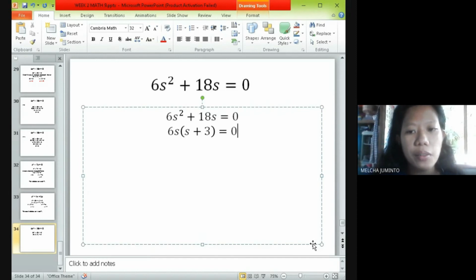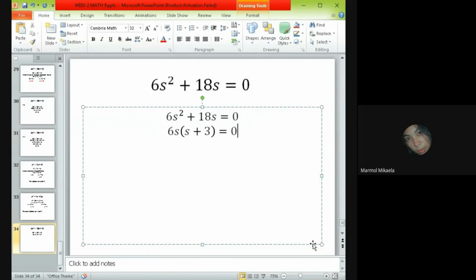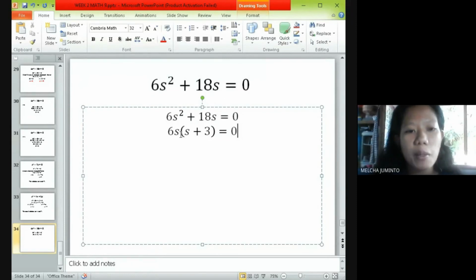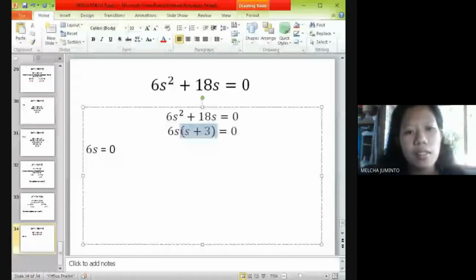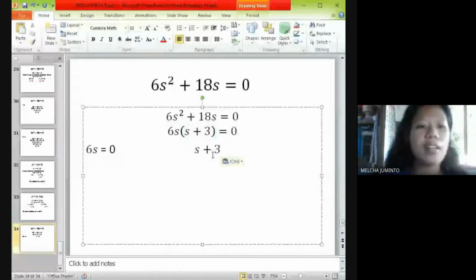I-continue ko pa itong answer or okay na? Ang sunod mong gawin, zero product property na. Isang factor ang 6S equals 0. Tapos ang isang factor, itong nasa loob ng parentheses, yung S plus 3 equals 0 din.